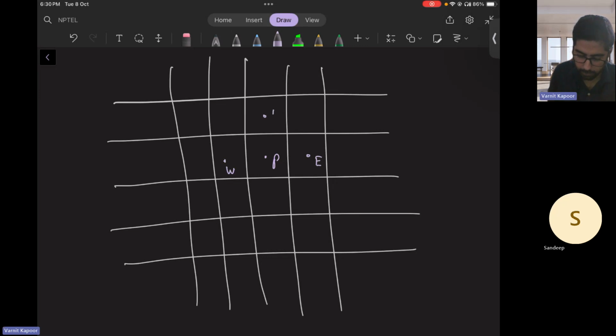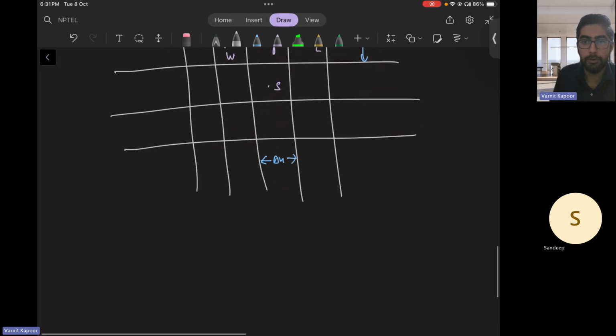This is your west face. This is your north face. This is your south. This is your delta Y. And this is your delta X. And U and P are being stored at the center. Here, velocity and pressure are being stored.